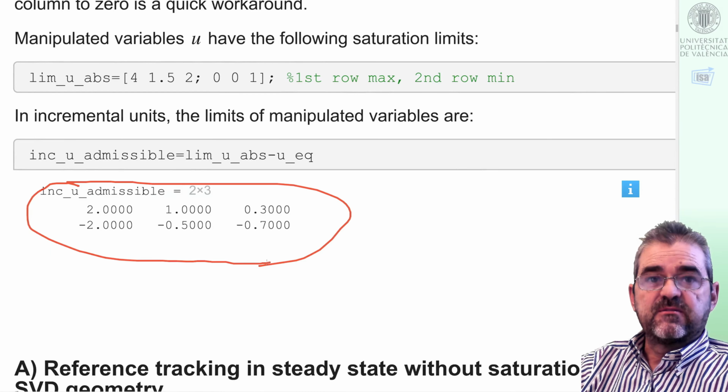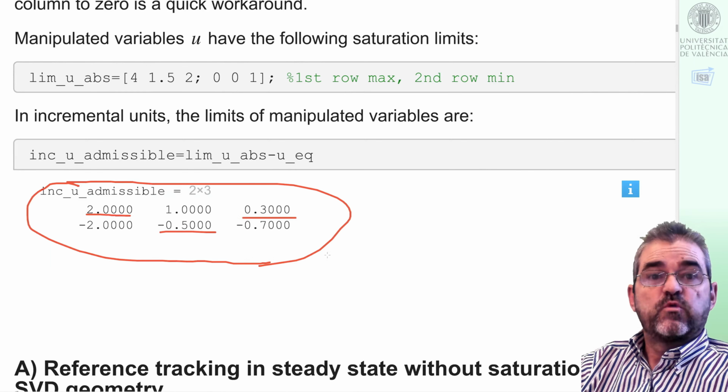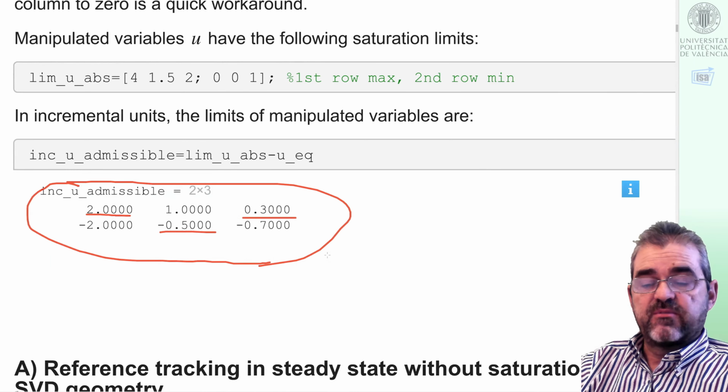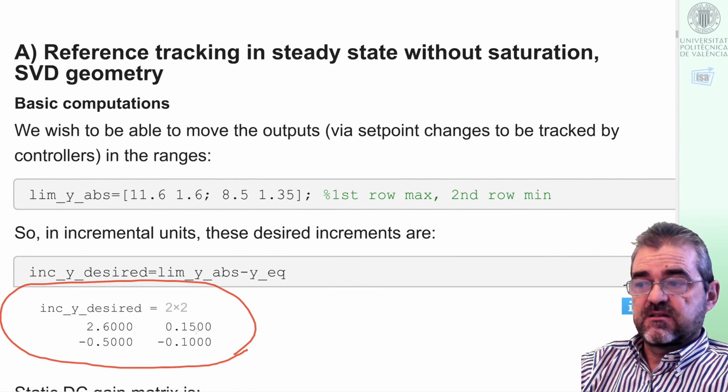With these admissible manipulated variable increments, we'll choose the worst case, the minimum absolute value, to build our diagonal input scaling matrix, and also with the maximum increments desired in setpoint changes.